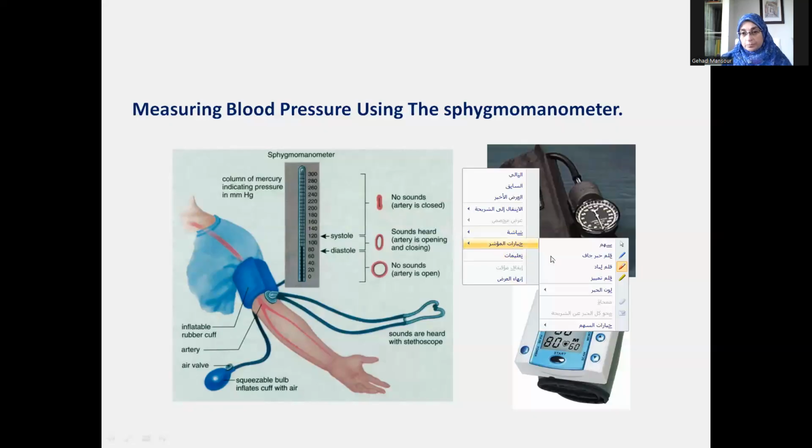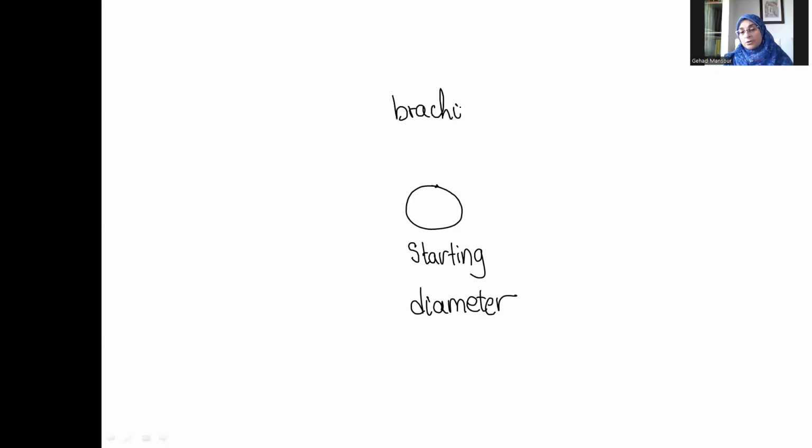And now I'm going to open a screen, and here I'll tell you that we are putting this cuff of the sphygmomanometer around the brachial artery. So suppose, for example, this is the original diameter, or the starting diameter, of the brachial artery.